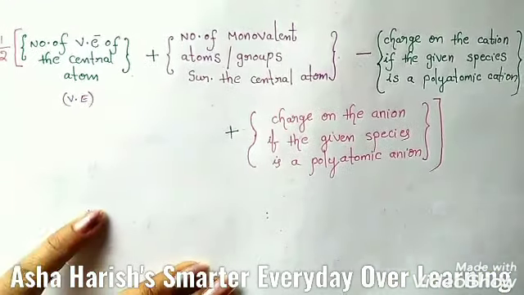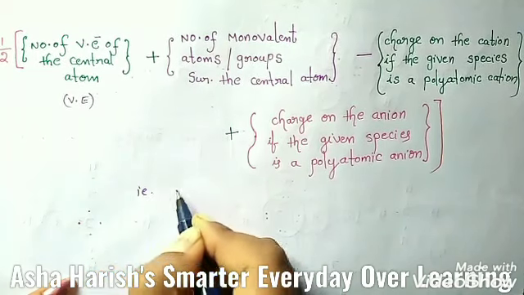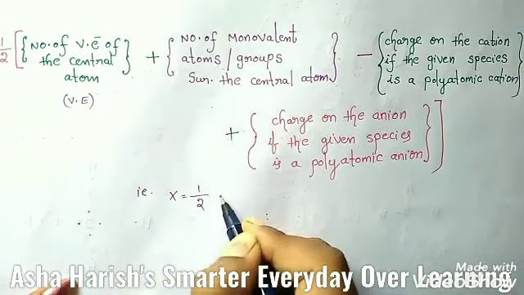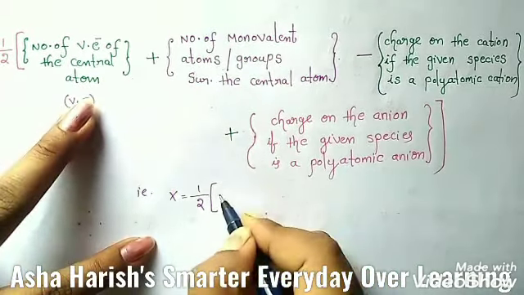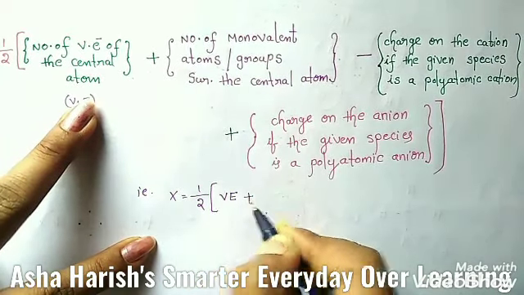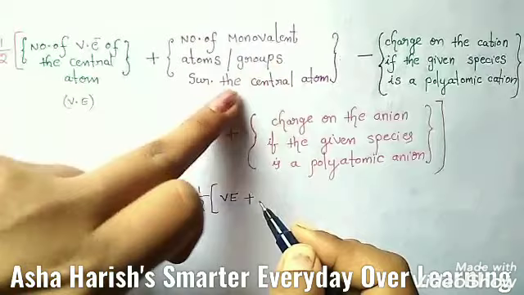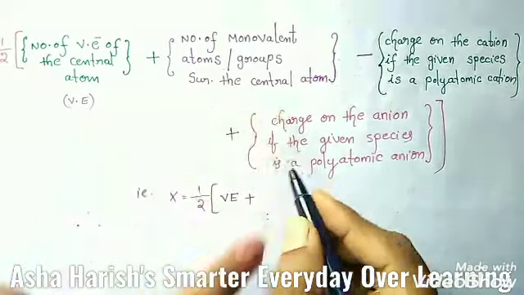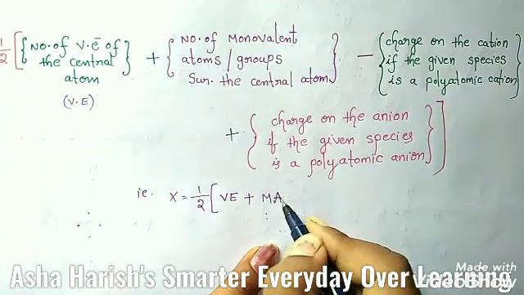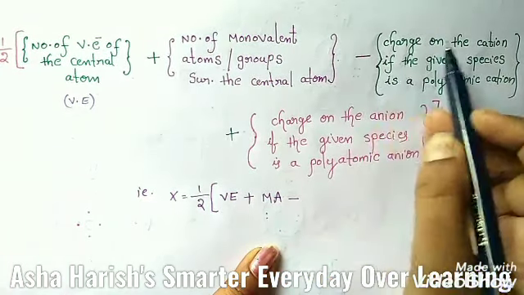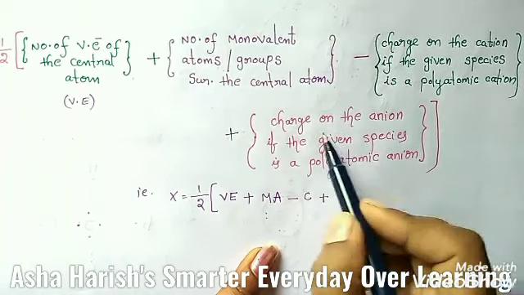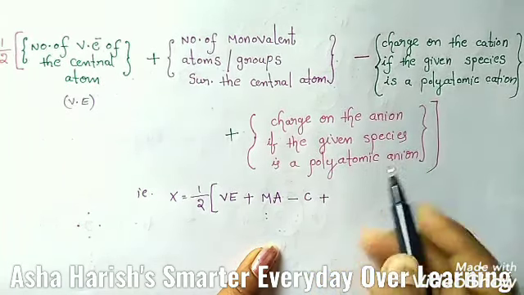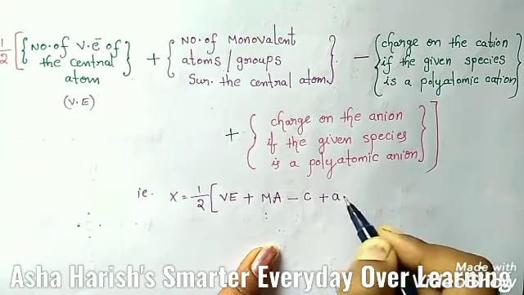Let's see this formula simply. We can represent it like this: x is equal to half into number of valence electrons of the central atom, we can take it as VE, plus number of monovalent atoms or groups surrounding the central atom, that we can take as MA, minus charge on the cation if the given species is a polyatomic cation, represented by the letter small c, plus charge on the anion if the given species is a polyatomic anion, that should be small a.